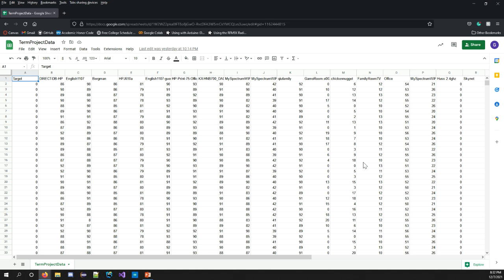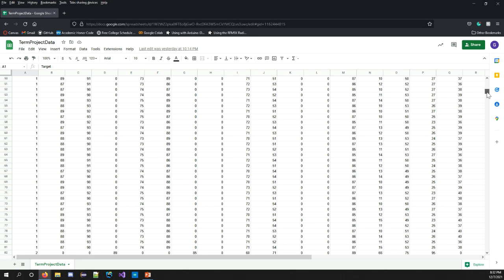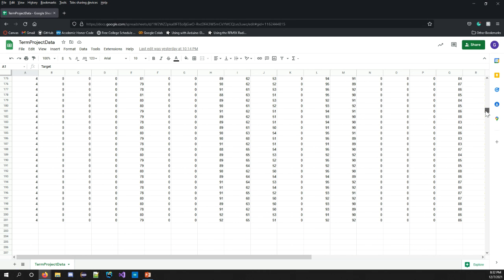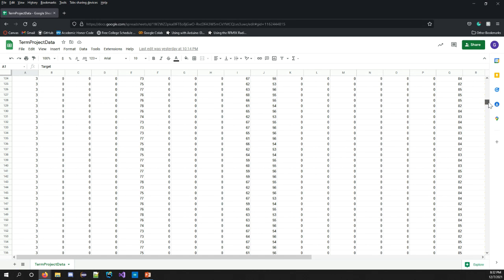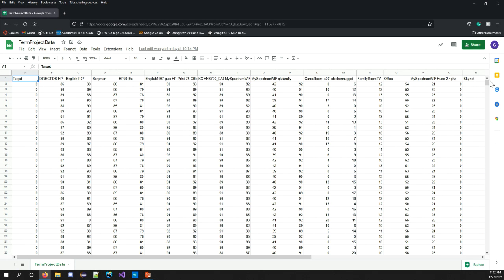So you can see I have the targets in column A. So there's 0 through 4 for the 5 locations I scanned. And then what was a little tough about this was there were some Wi-Fi networks that were not available in each spot. So when you see a row with a bunch of zeros, that means that Wi-Fi network was not scanned in that spot.